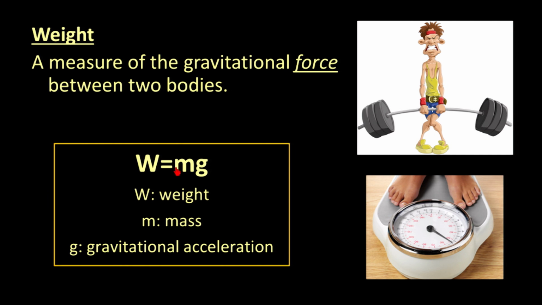Now, if we make the M 0, that's kind of meaningless, because if the mass is 0, it means you have no atoms, which means you have no object. So obviously, if there's no object, it will not have a weight. So what if we couldn't make the M 0, but instead we make the G 0? If you make G 0, then of course 0 times anything is 0.